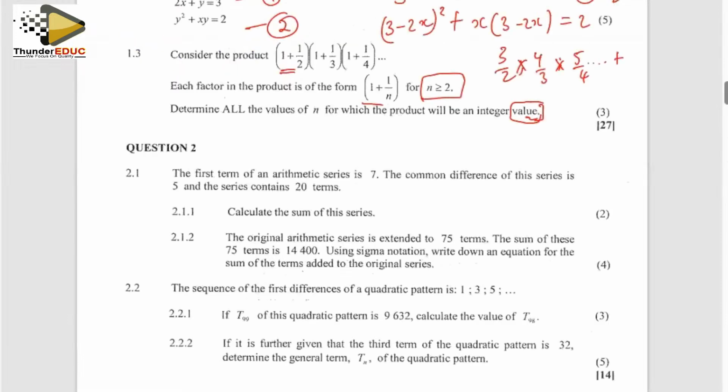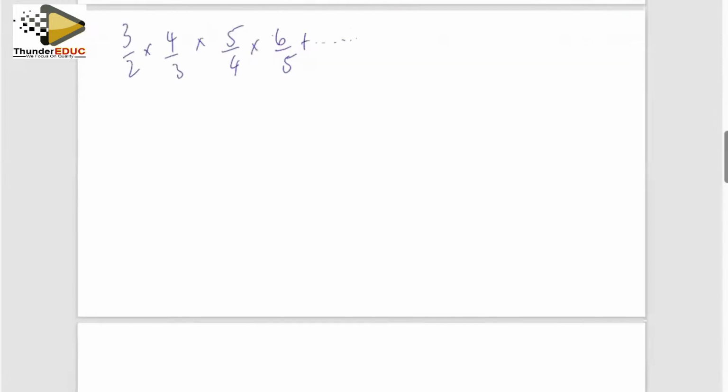Now, they told us that the nth term, or the factor, is in the form of 1 plus 1 over n, which means if we are to continue, we would end up with a 1 plus 1 over n. Now let's change this also to an improper fraction. So that's going to give us n plus 1 over n.